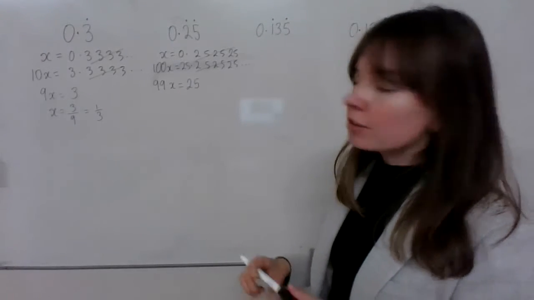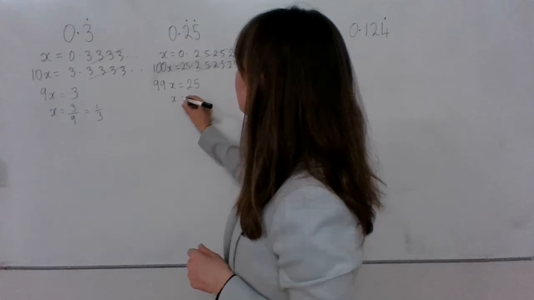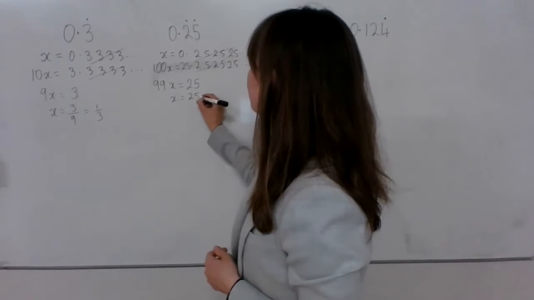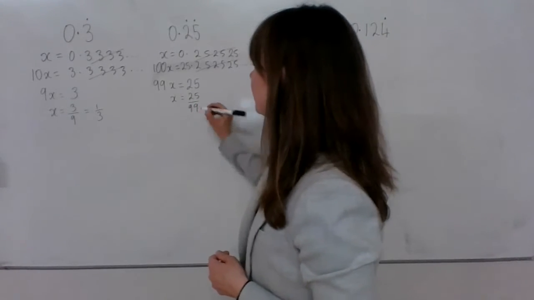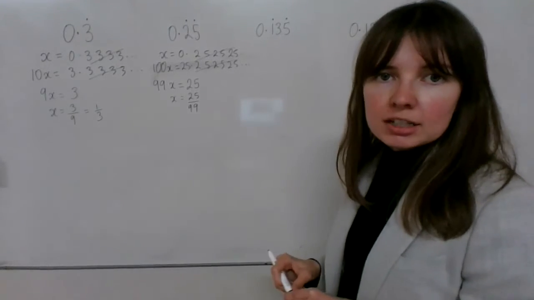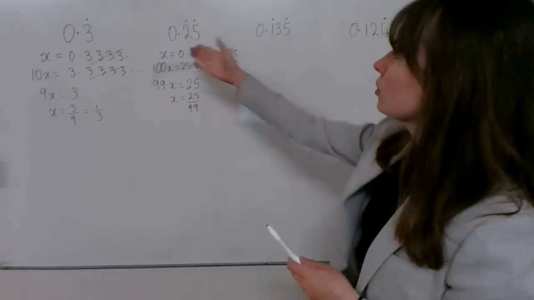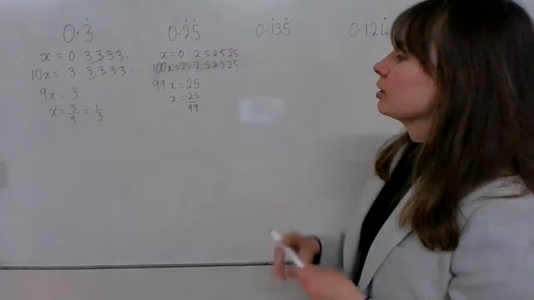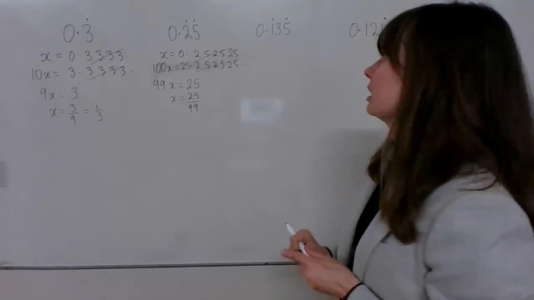Now again, I can solve for x, so x equals 25 divided by 99. Now 25 and 99 don't have any common factors, so I can't simplify any further. So 0.25 recurring equals 25 over 99.